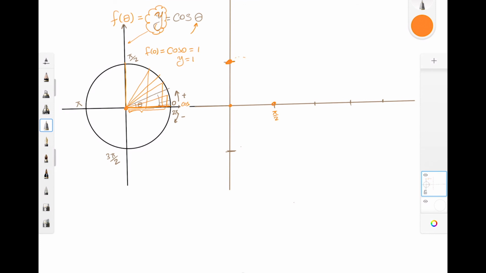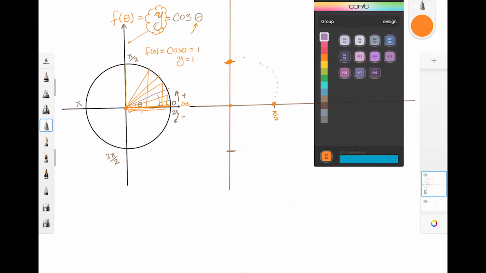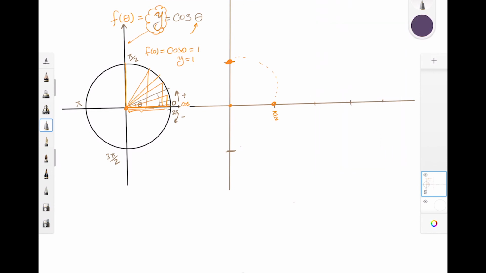So what's happening between 0 to pi half? If you graph all the values of x from 1, getting smaller to 0, it will be a curve like this. So this was in quadrant 1, between 0 to pi half.